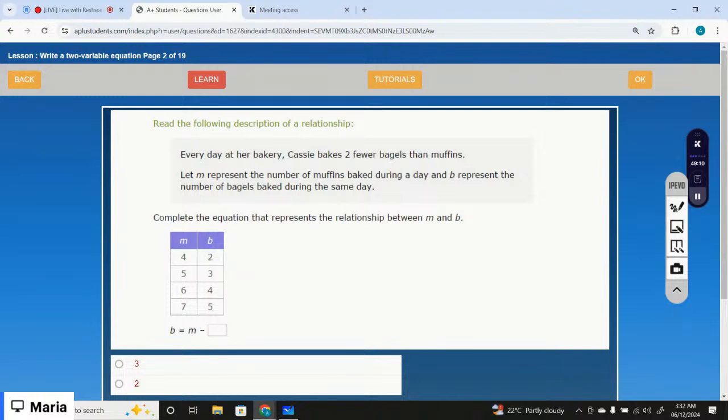The correct option is option number 2, B equals M minus 2.